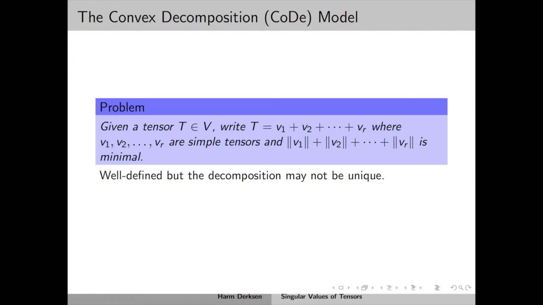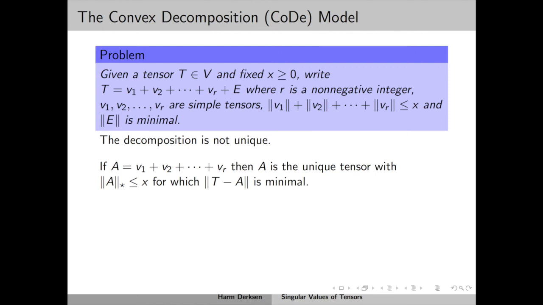So again we try to minimize the sum of the lengths for a tensor. Now we can look at this nuclear norm, but we can also add in the error term. So then we can write T as a sum of some number of rank 1 tensors plus an error term, and maybe we can fix the nuclear norm, the sum of the lengths of these simple tensors, and then try to minimize the error.